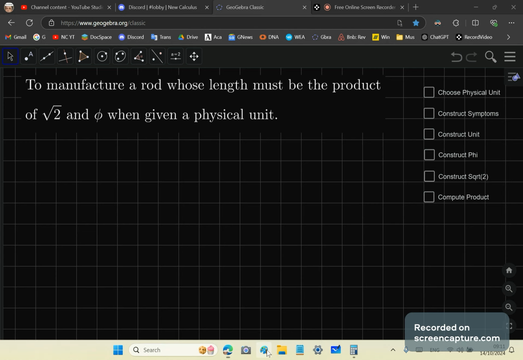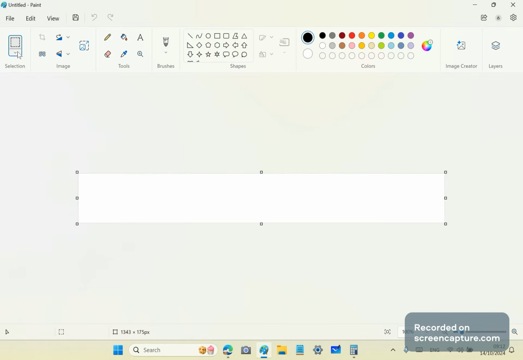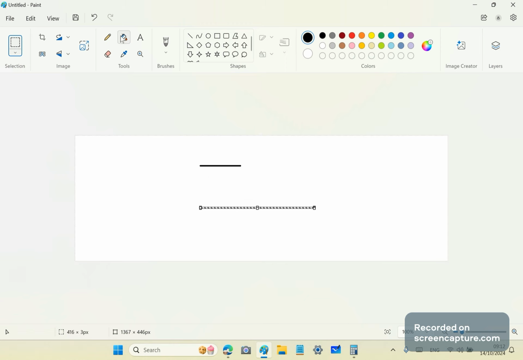Now, you cannot do this in algebra. If I give you a unit like this, any unit, and I tell you that's 1 centimeter or 1 inch, in algebra you cannot construct a line segment from this that is going to give you the golden ratio phi and the square root of 2, and a line that's going to give you the product of these two.